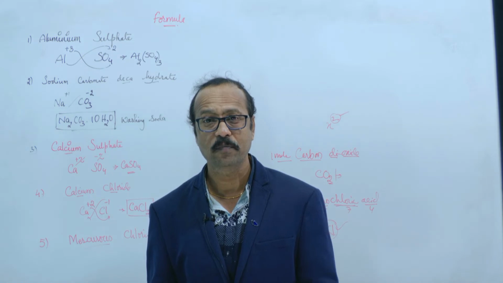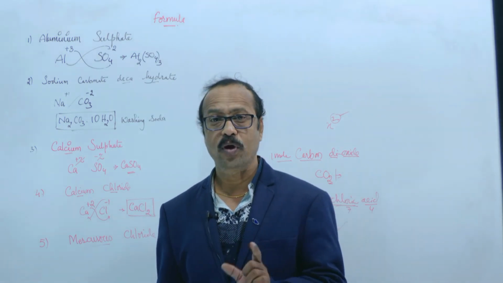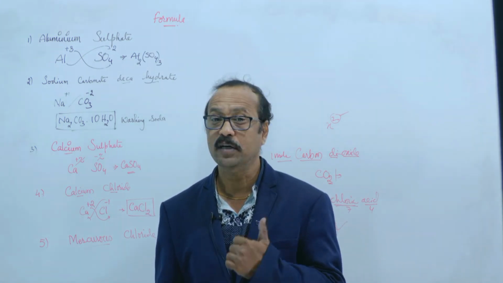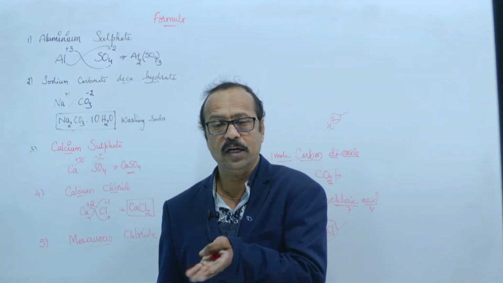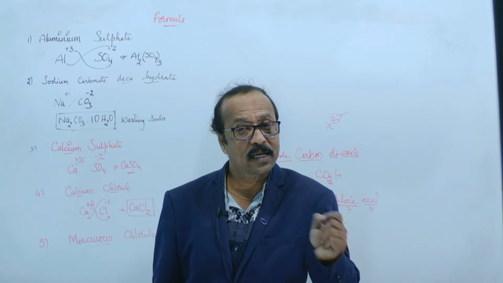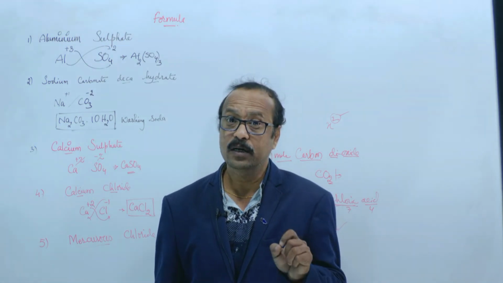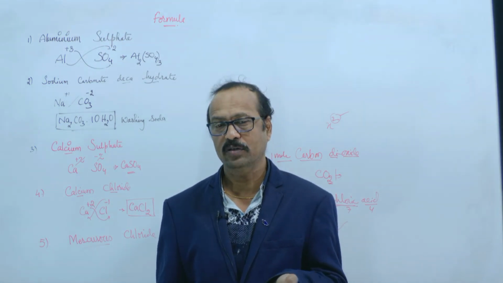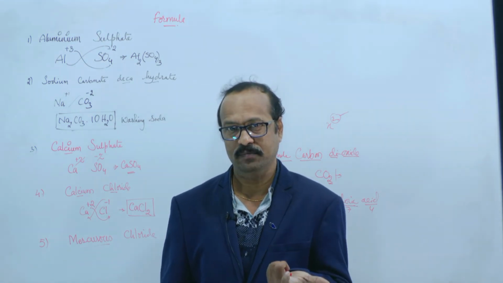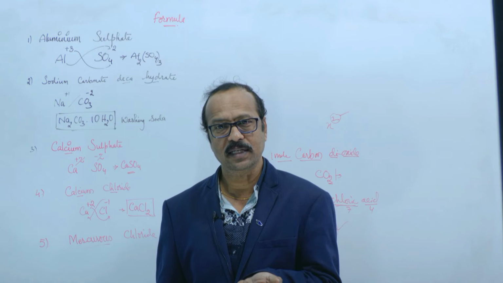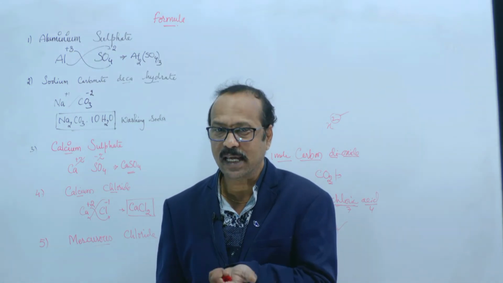Us means what? If any element exhibits variable valences, variable means 2 or more than 2 valences, then the one with lower valency is termed as us, and higher valency is termed as ik.